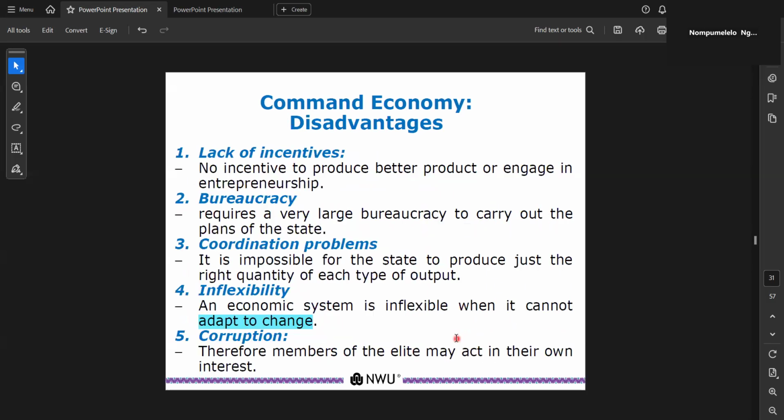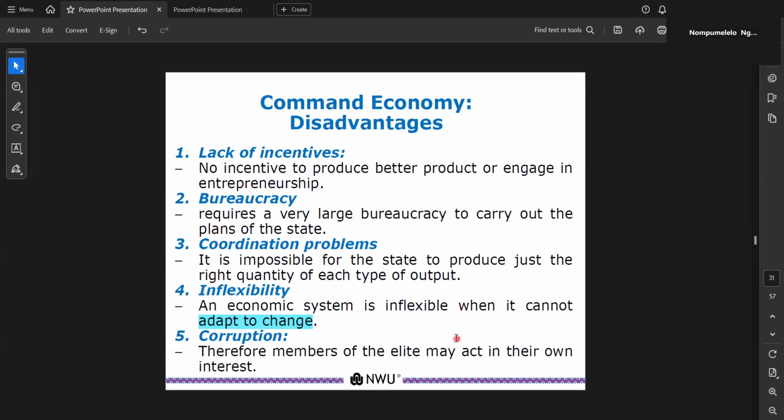The disadvantages of the command system, and from the learning outcome, they say you must know the disadvantages of the command system. One, there's a lack of incentives. So no incentive to produce better products or engage in entrepreneurship.